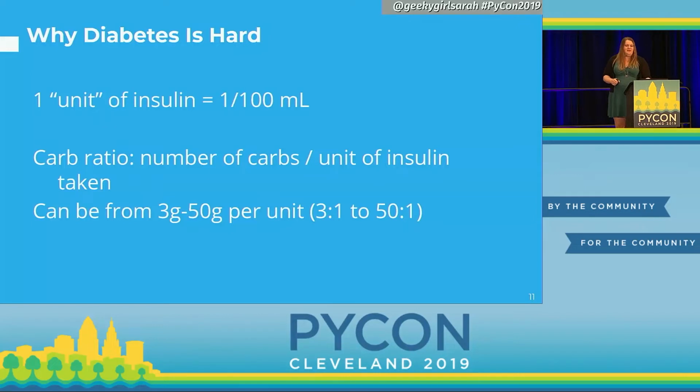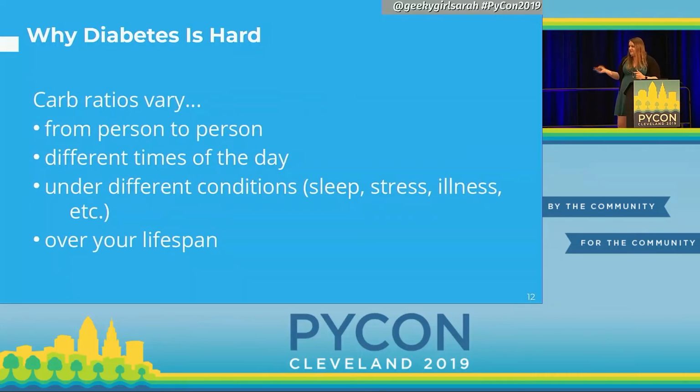These ratios can be anywhere from usually like 3 grams to 50 grams. So this ratio is really, really wide. And we'll also find out that this ratio varies from person to person. So if you look at the people around you, their carb ratios are different than yours. It can vary at different times of day. So I know I need a little bit more insulin at the beginning of the day, and in the evening I usually need a lot less, or a little bit less at least.